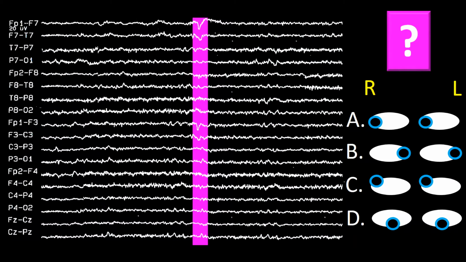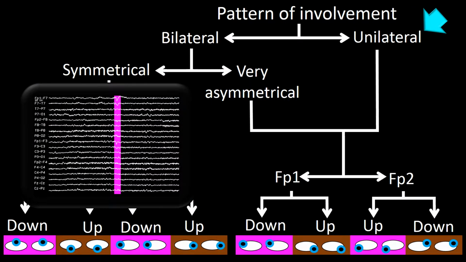Next question. Please take a look at this frame and choose from the four options to your right. The channel deviation is only on one side, so it is unilateral. If we look at FP1 derivation, we find that the deviation is down.